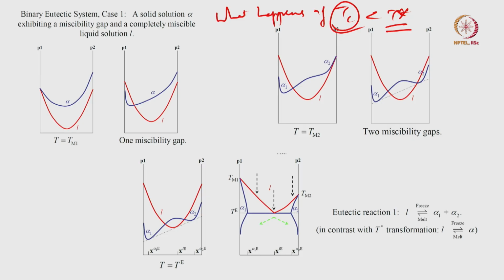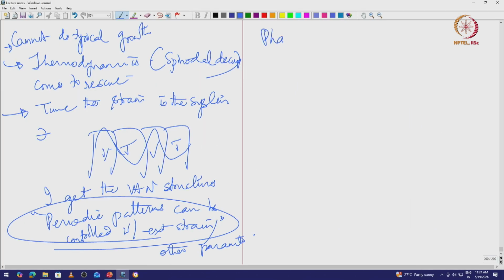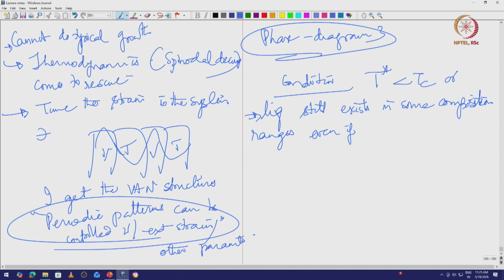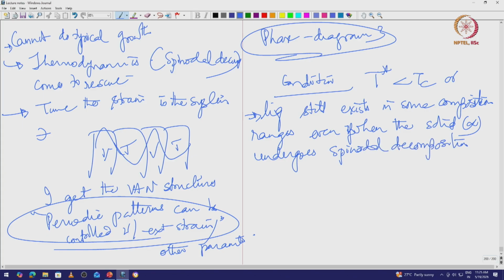So the condition that we are going to look at now brings us to our third phase diagram, and the condition I am going to look at is where liquid still exists in some composition ranges even when the solid, which is alpha, undergoes spinodal decomposition or miscibility gap.